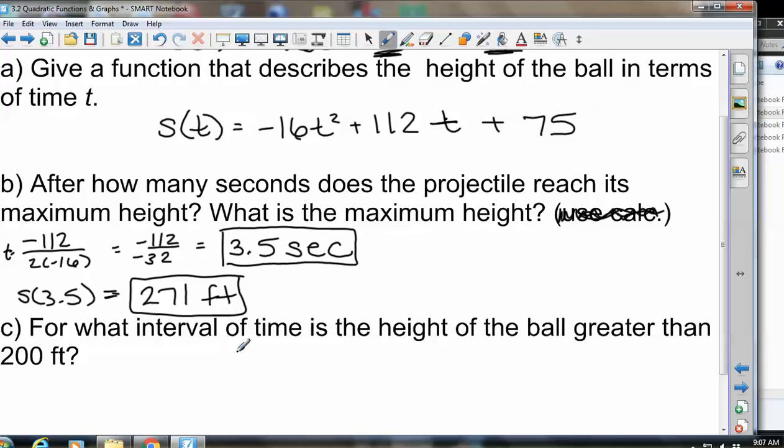So we hit our highest value after 3.5 seconds. The actual highest value is 271 feet, just from our vertex. Is that one okay?